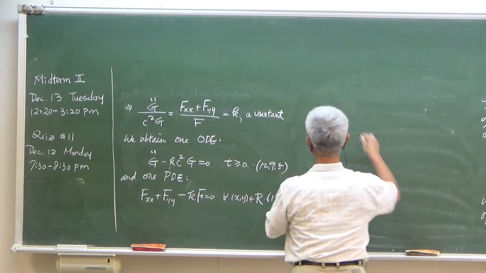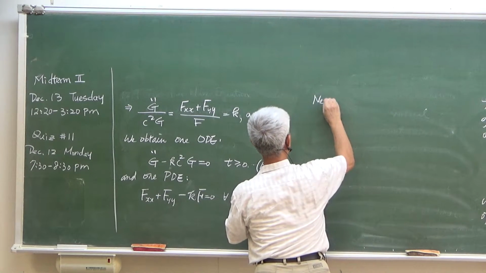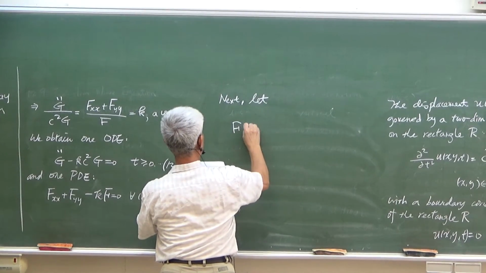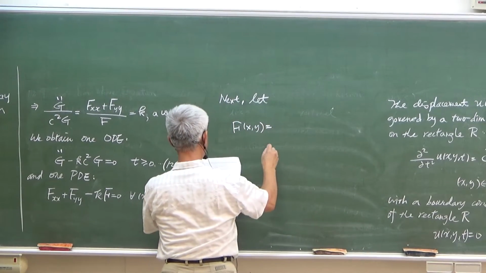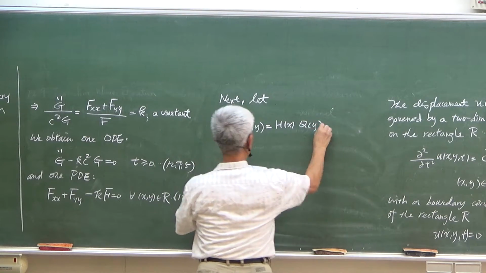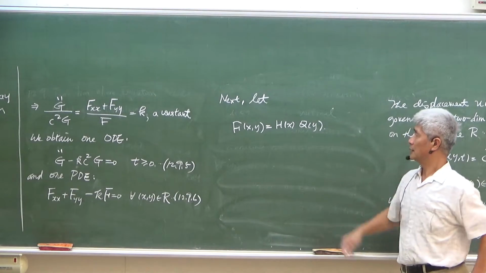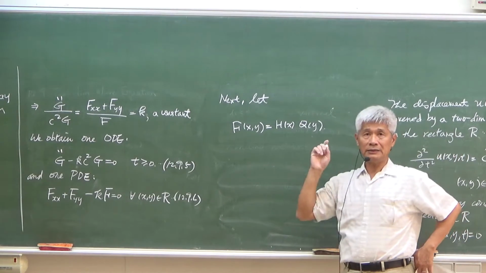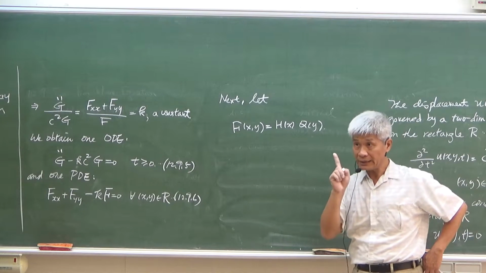So next we let the capital F be H of x times Q of y. So now we apply the method of separating variables once again.